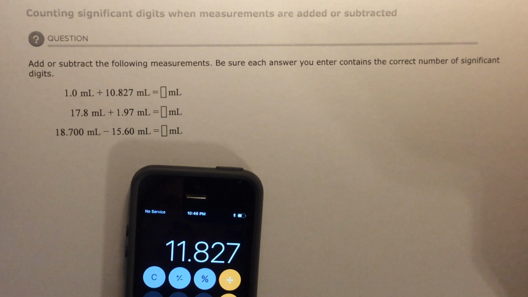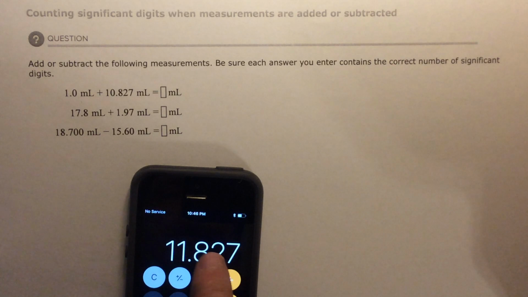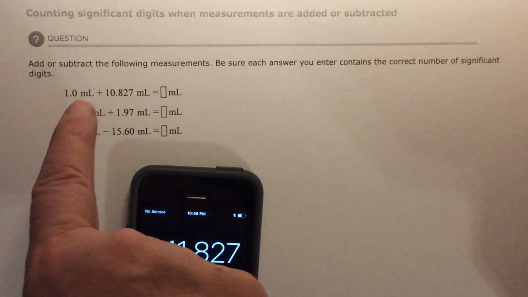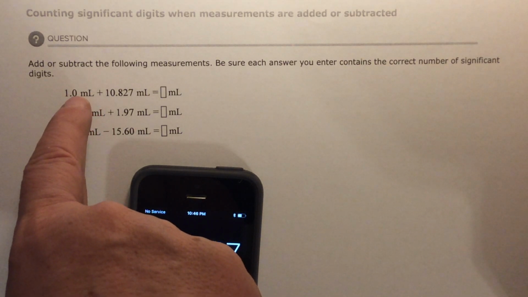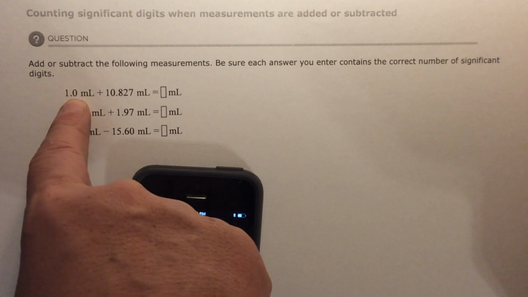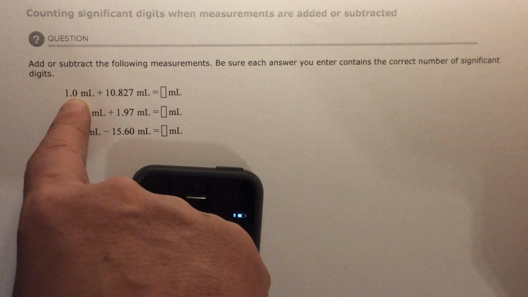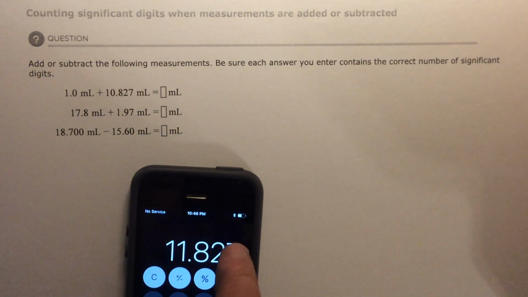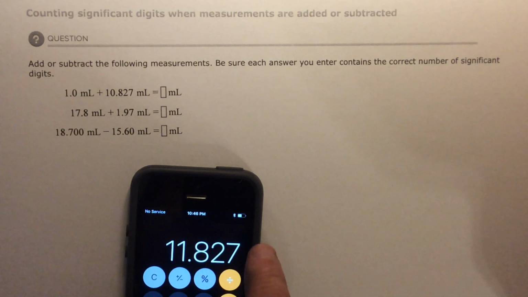It's not going to be right because it looks like I have precision to the tenths, hundredths, thousandths place. But one of my data points, one of the things I used, is only accurate to the tenths place. So I can't use all of these digits. I have to throw these away.